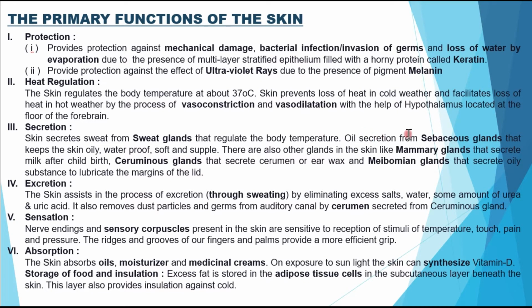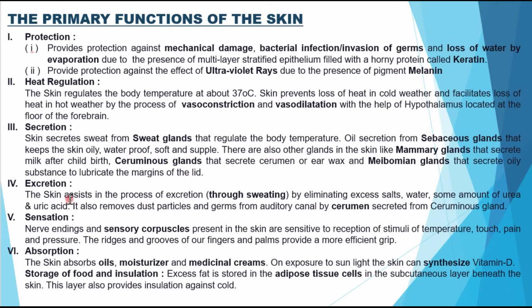The oil secretion, sebum, from the sebaceous glands keeps the skin soft and supple. There are also glands like mammary glands that secrete milk after childbirth, ceruminous glands that secrete cerumen or earwax, meibomian glands that secrete oil to lubricate the margins of the eyelid. So these are the different glands present in the skin that secrete certain useful substances.